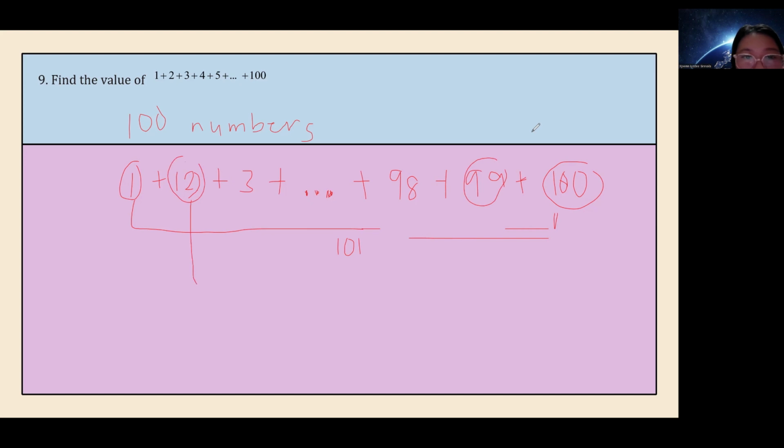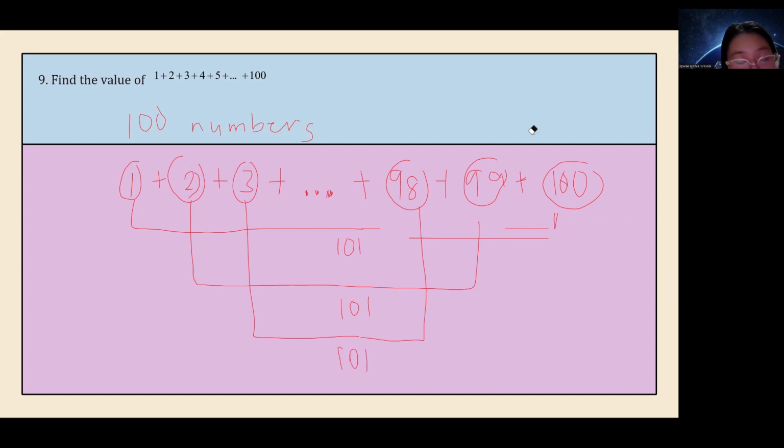So that is 2 plus 99. Okay? 2 plus 99 is just equal to 101 also. Okay? So it's like magic. Now, how about 3 and 98? Okay. So 3 plus 98, that is still 101.